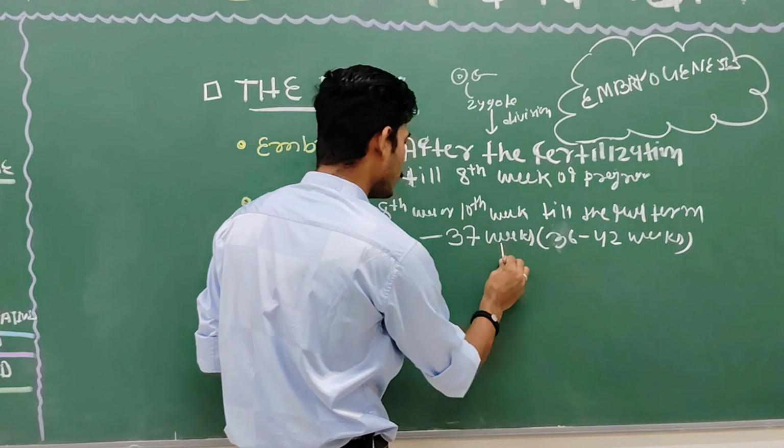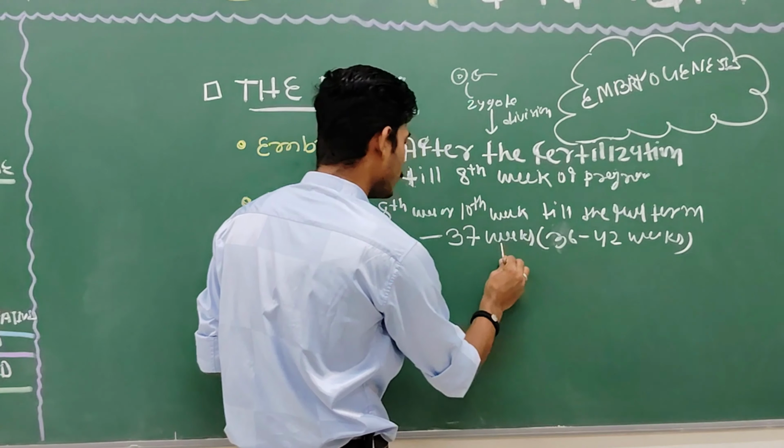One trimester is about 3 months, another is also about 3 months, and another is also about 3 months. So the total human female pregnancy we are talking about is about 9 months. The modern calendar says it's 9 months plus or minus 7 days.